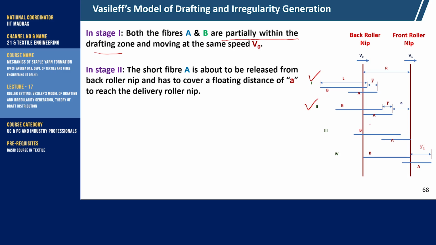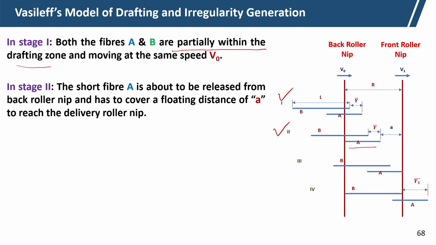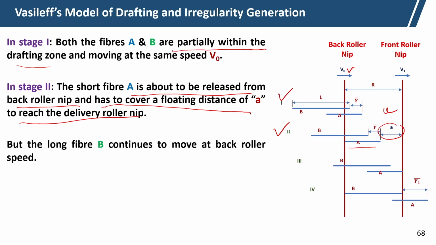In stage 2, the short fiber A is leaving the back roller nip. It is about to be released and has to cover the floating distance A at the speed u to reach the delivery roller nip. But the long fiber continues moving at the speed of the back roller.